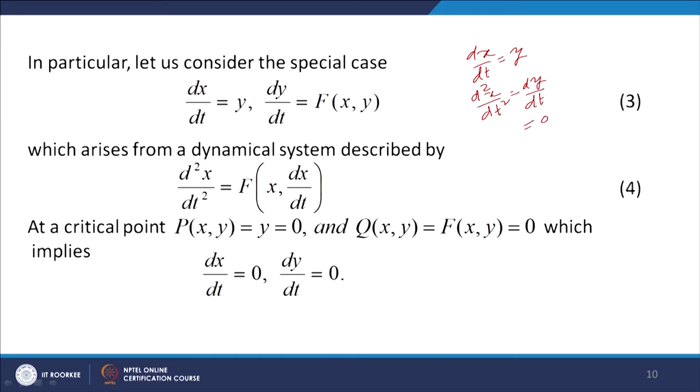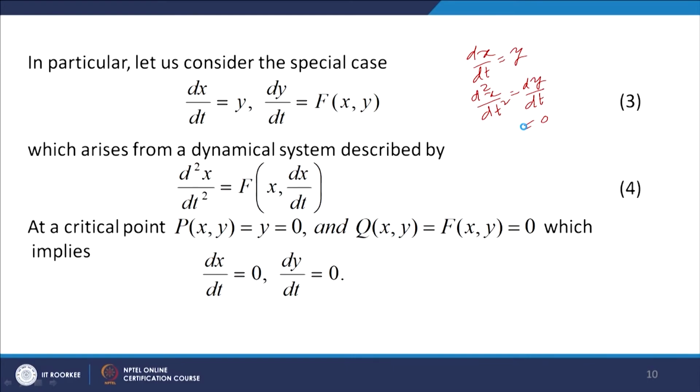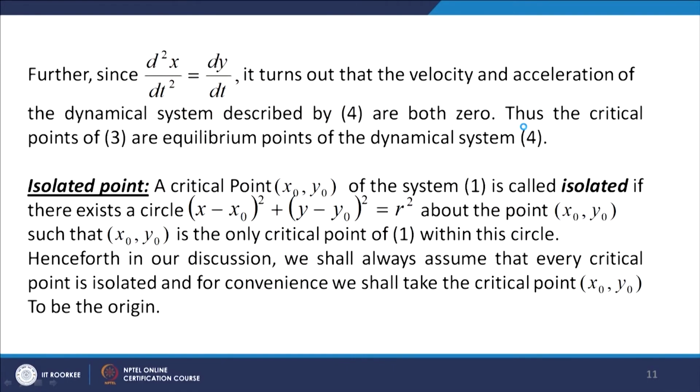So, d square x by dt square is equal to 0, and therefore, we can say that the velocity and acceleration of the dynamical system described by the equation 4 are both 0, and thus the critical points of the system 3 are equilibrium points of the dynamical system.